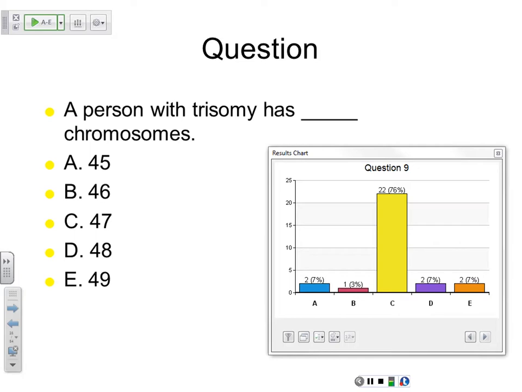He's asking if you can have 3 for 21 and also 3 for 18. Do you know what happens in nature? When there are heavy genetic malformations, those are aborted naturally, and the female won't know it.